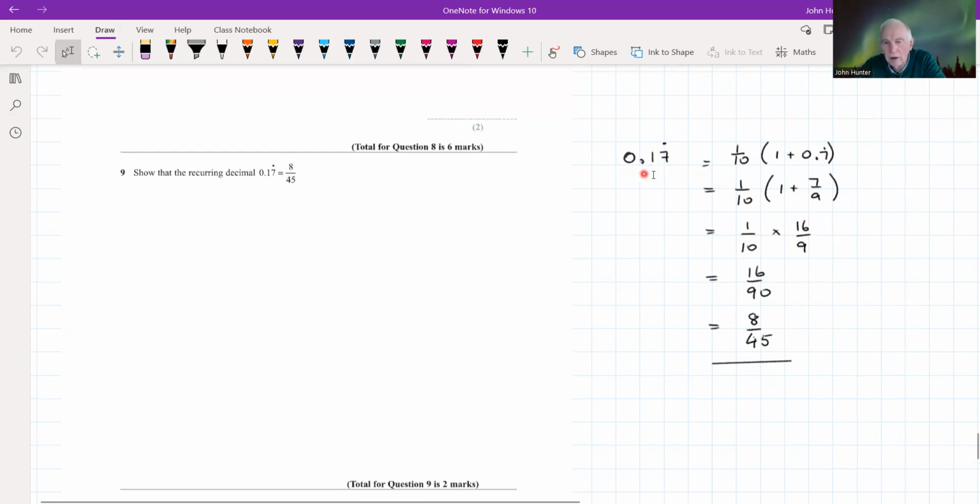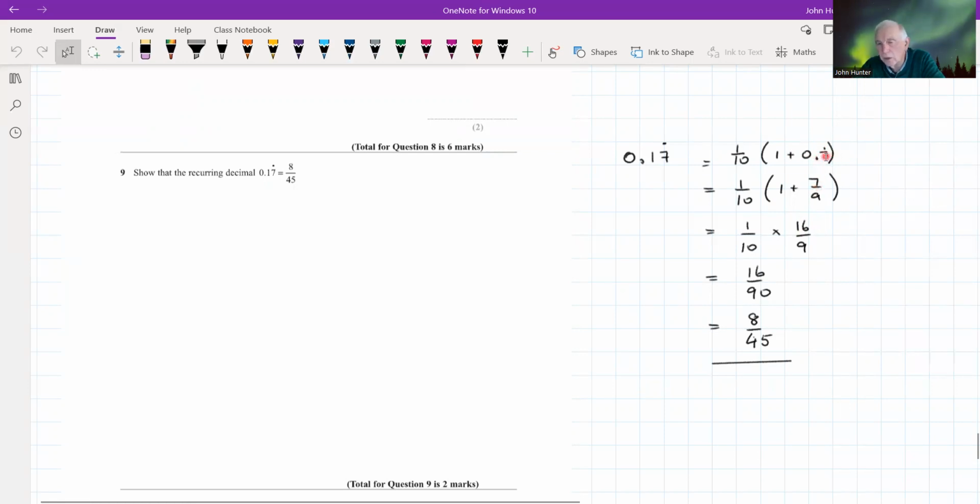So if we rewrite this as 1/10 of 1.7 recurring, and I've written it as 1 plus 0.7 recurring, because that leads us to the next step, then this 0.7 recurring is 7/9.